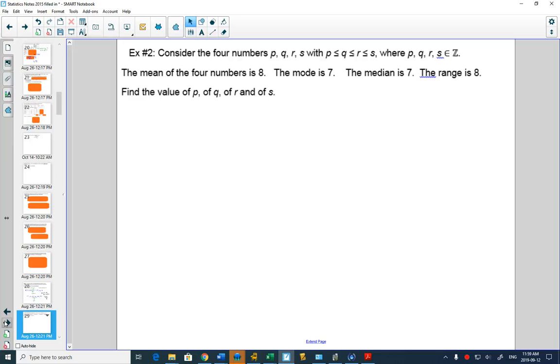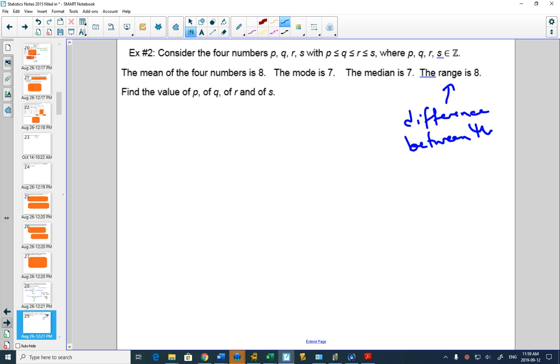The median is 7. And the range is the difference between the smallest and biggest. The range is 8. Can you find all 4 numbers so that all of those things work? It's a little puzzle.